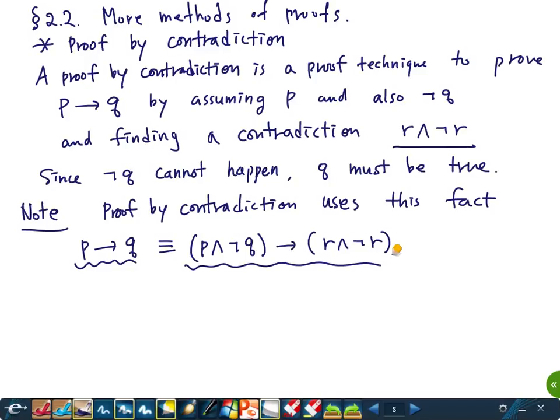You can draw a truth table, right? Then they always have the same truth values. So proving this is equivalent to proving this. They are the same in terms of true or false. If you show this, you have shown this because they are equivalent.